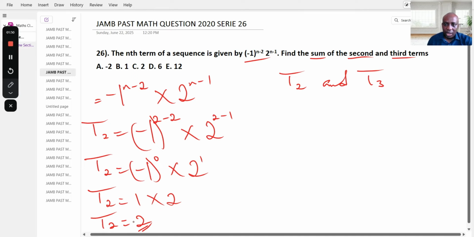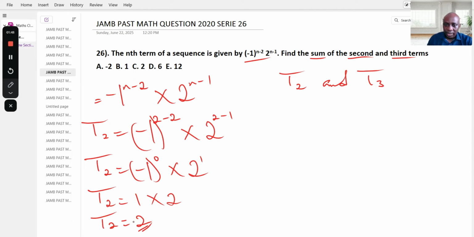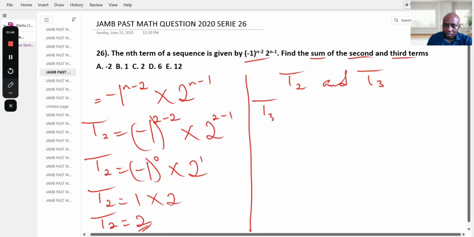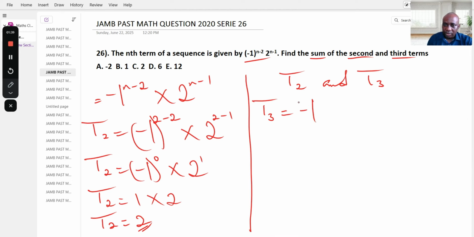Now let's look for the third term. We are going to use the same formula. What is our n?